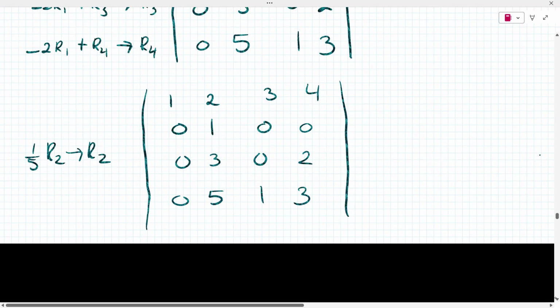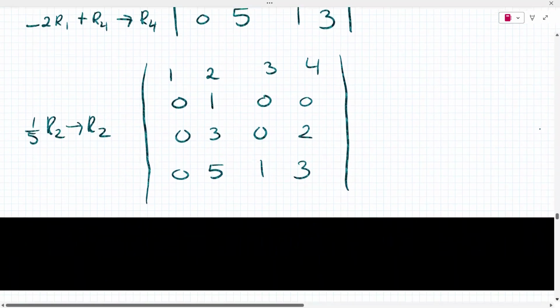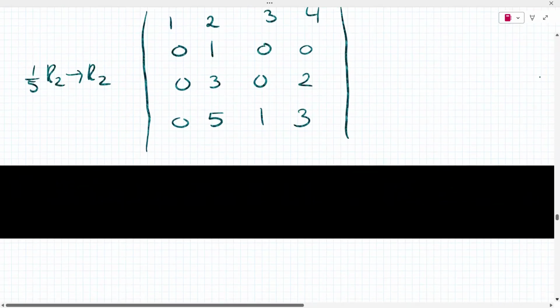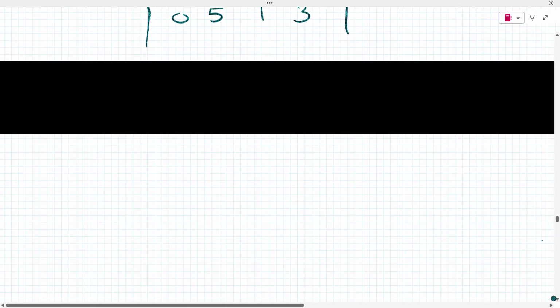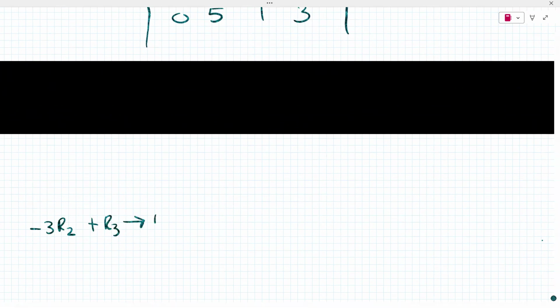Then what I would do is I'm going to mess with row 3 again, and I'm going to mess with row 4. So my next row operation is going to be -3 row 2 plus row 3 gives me new row 3.